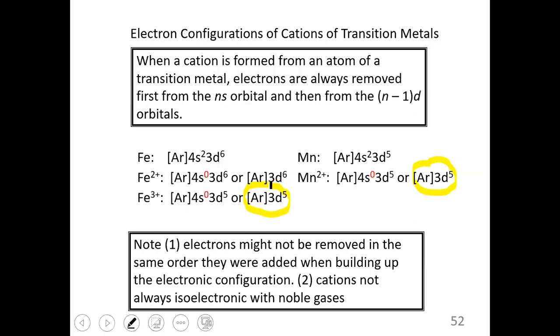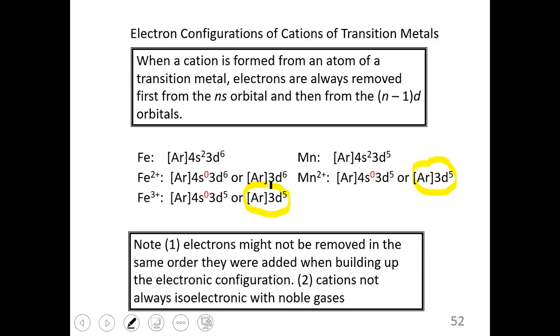So a couple of things come up here. First of all, we find that the electrons might not be removed in the same order they were added when building up the electronic configuration. So if we were to build, let's say, iron from the bottom up using an Aufbau diagram, and now we're going to take out electrons, notice that we don't take them out in the reverse order of how they were built up.